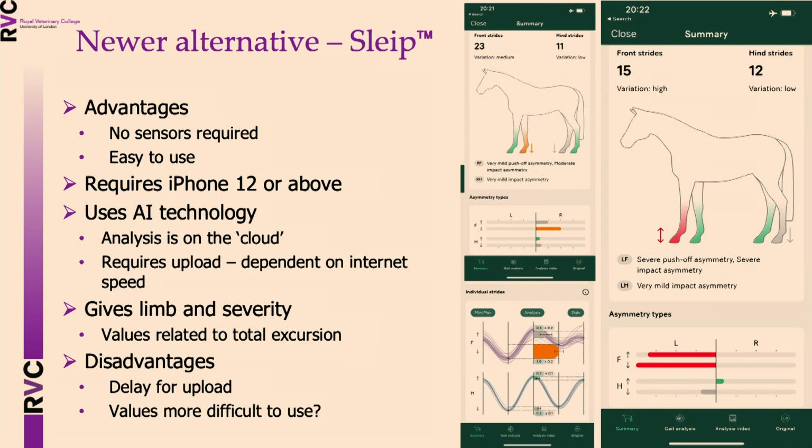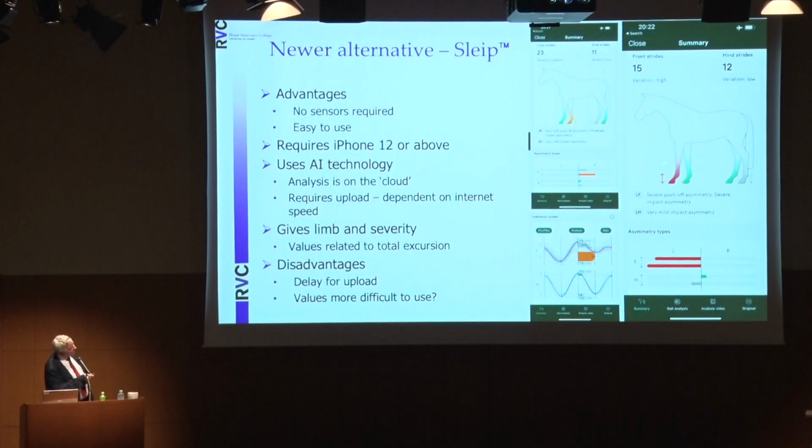It will give you the limb and severity and the nature of the lameness. So here we have a moderate lameness that is impact. This horse is more severely lame. You can see from the red color, but it's both push-off and impact in nature.